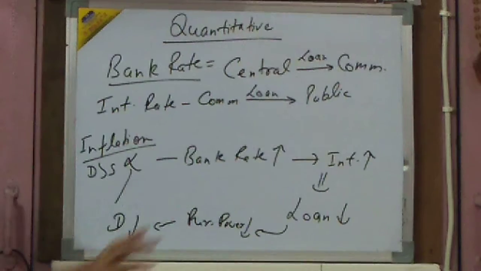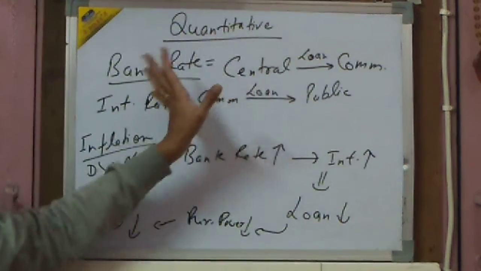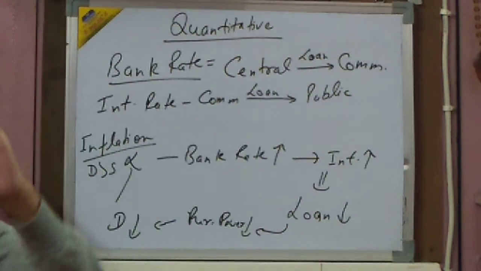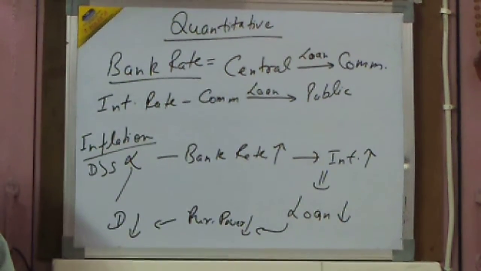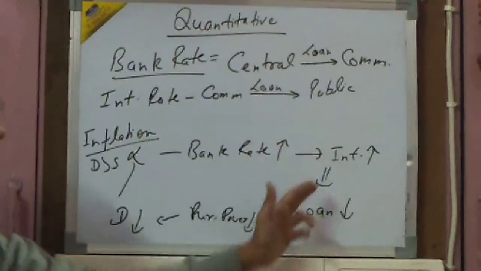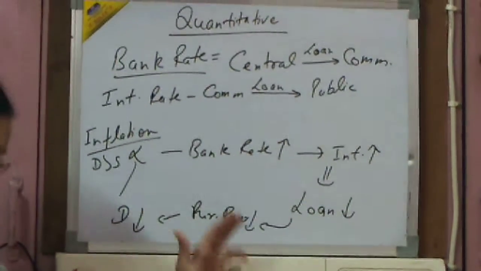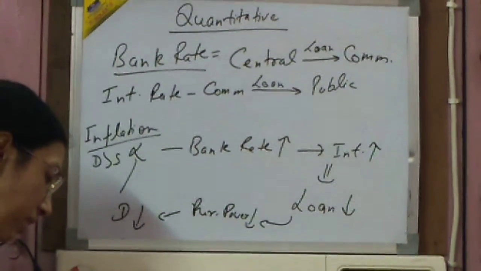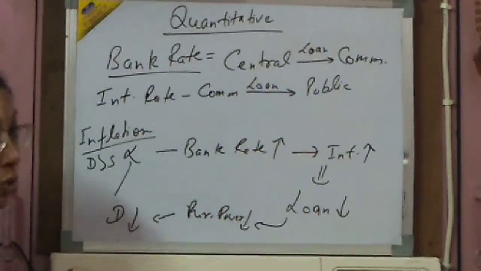If you have not mentioned this, and only written the meaning of the bank rate, then you will get half mark for this point. Sometimes the question comes, what is the implication of bank rate? Implication means how it is affecting the economy. This is the very important part, and you have to understand this.